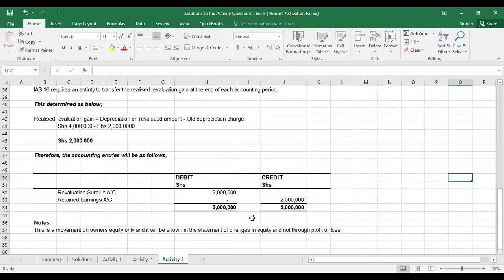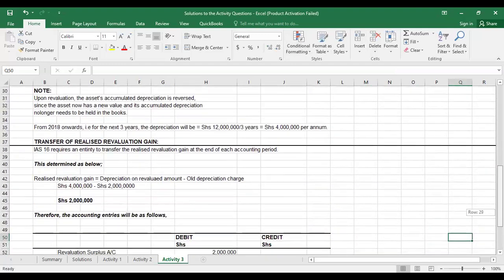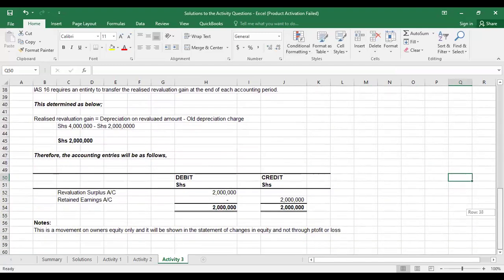So this change has to only be recognized under the changes in equity, not profit or loss. So that is our solution to our activity 3.